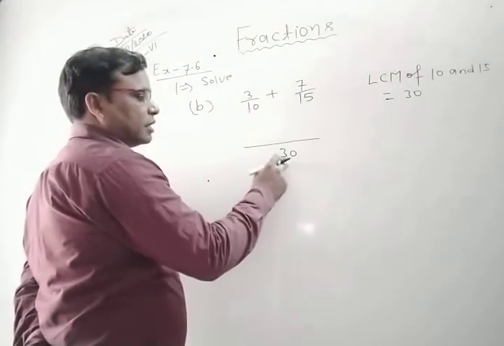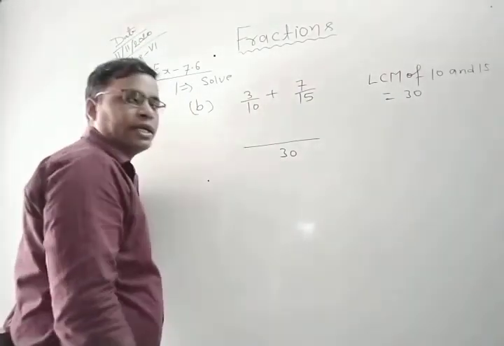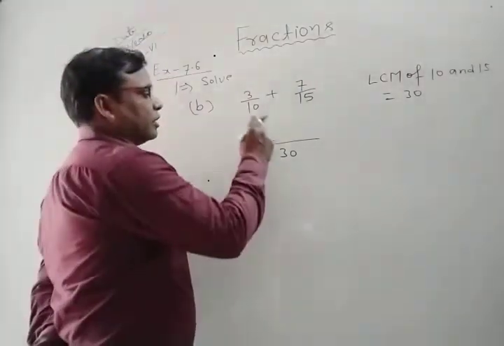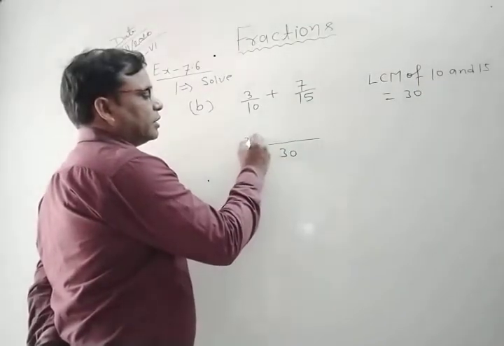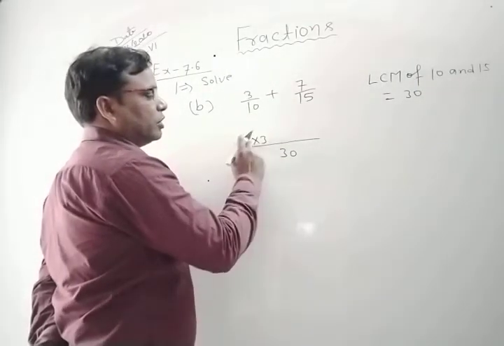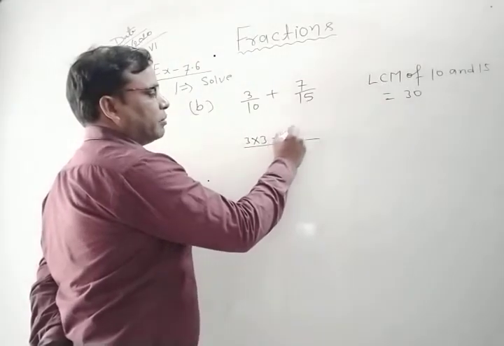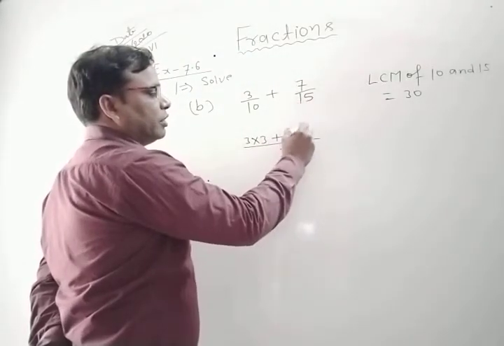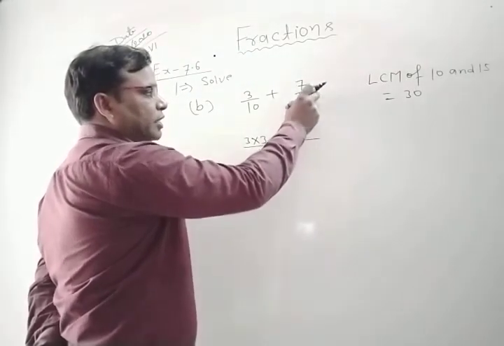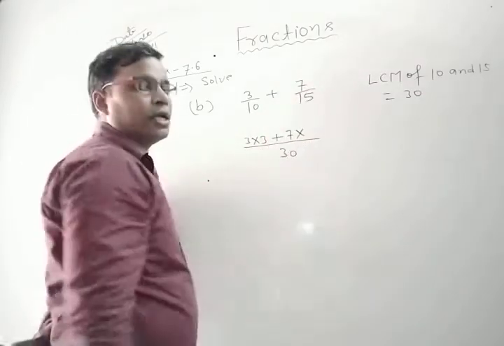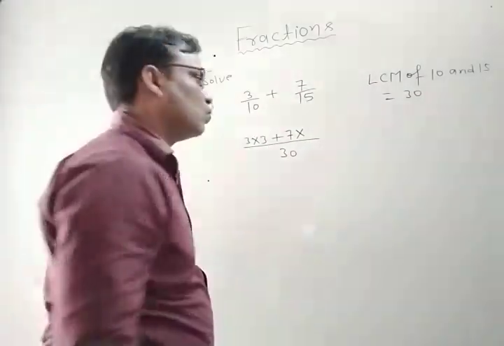If you divide 30 by 10, then you obtain 3. So we multiply this 3 to this numerator: 3 into 3. Again you write here 7, this is the numerator, into. We divide 30 by this 15, then we get a quotient 2.